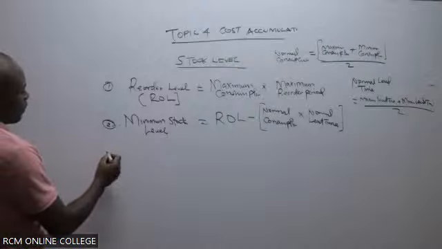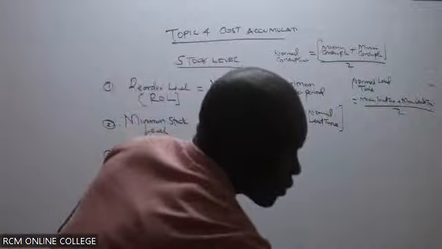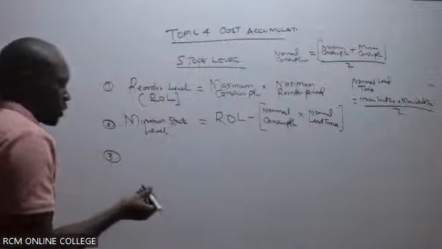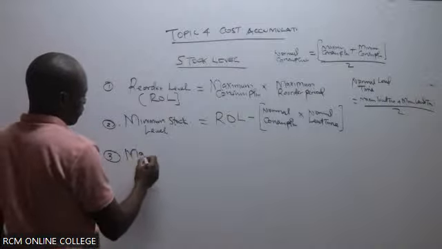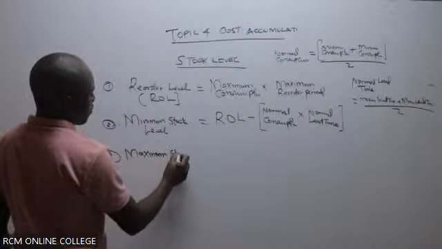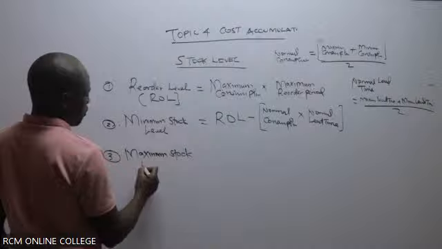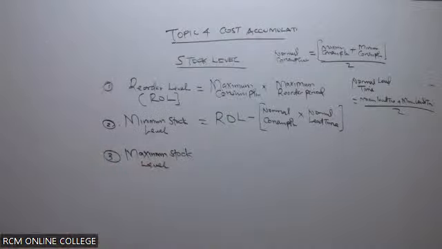Let's come to number 3. Number 3 will be what we call maximum stock level. So how do we get maximum stock level?